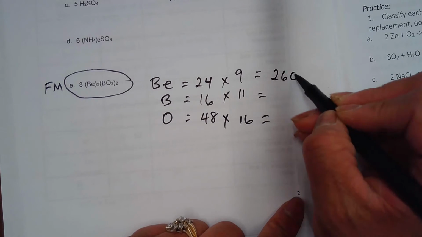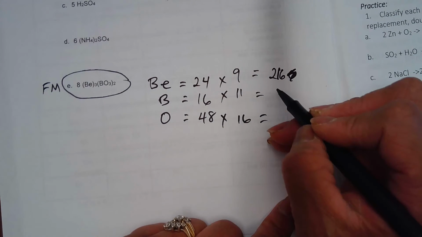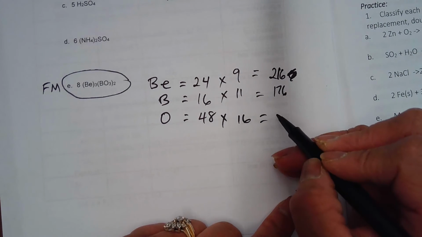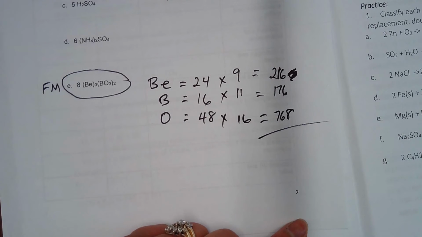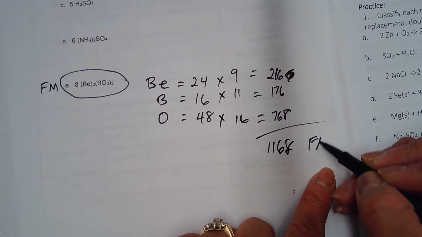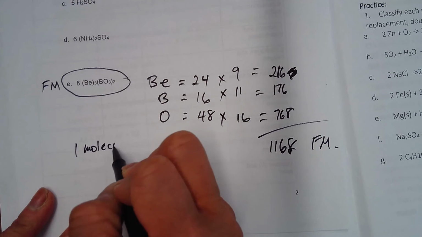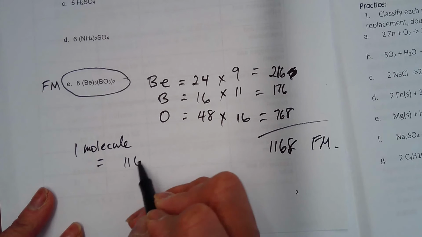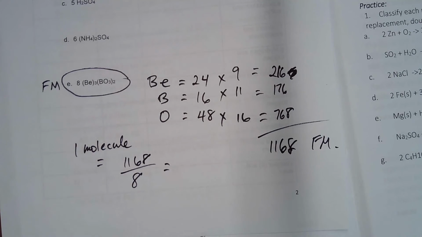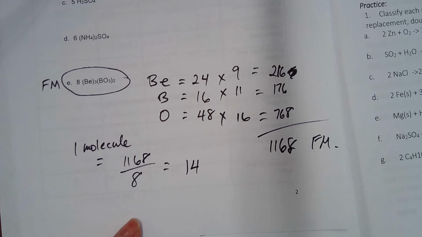260? No, 216. Oh, 216, yeah. 176. 768. 1160. Divide 8, 120. 146. 45.